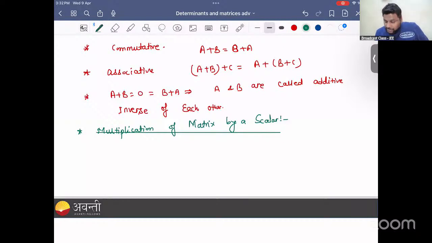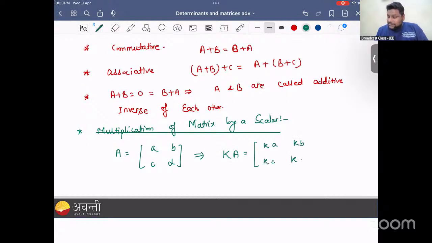So if you say a matrix is A, B, C, D, and you multiply this matrix by some number K, that means every entry will be multiplied by the same number.